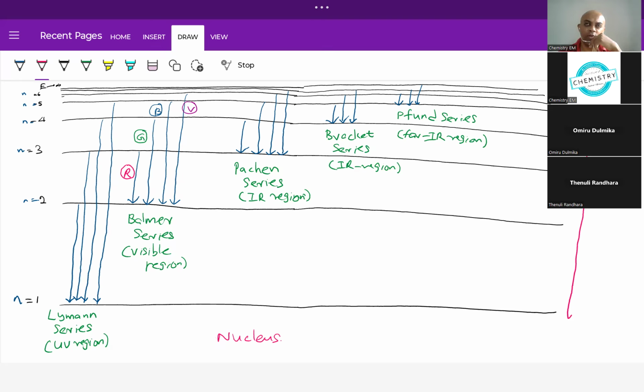When electrons are moving from higher energy levels to n equals 2, the Balmer series is formed.